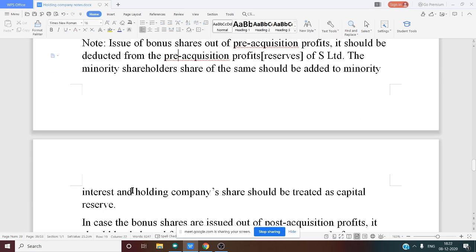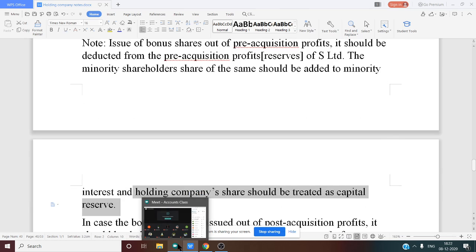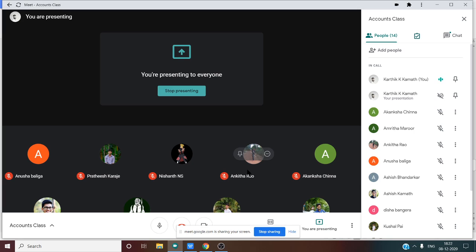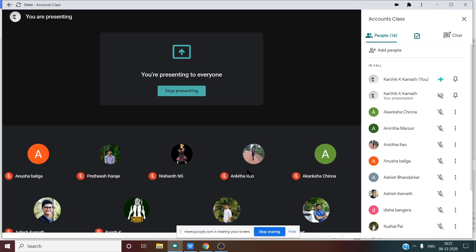And what about the holding company? The holding company's share should be treated as capital reserve. Yes, that is as usual, because the bonus issue is out of pre-acquisition profit, and pre-acquisition profit is capital profit. Like whatever we have done in the previous problem, we discussed that whatever is pre is long term in nature.